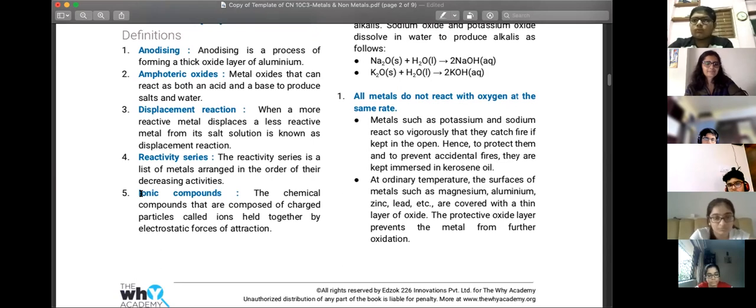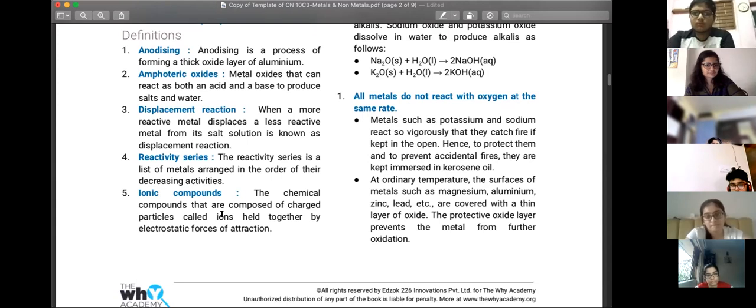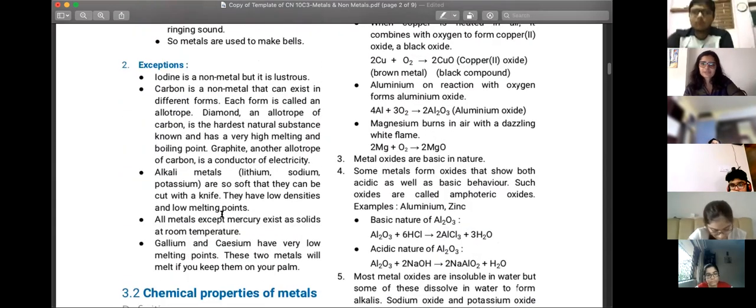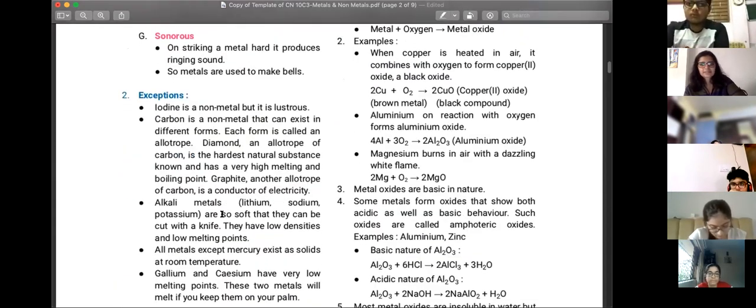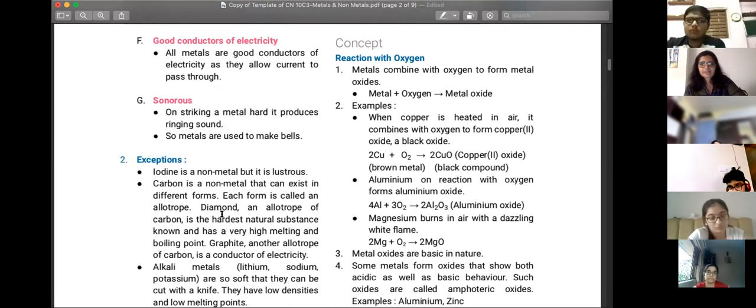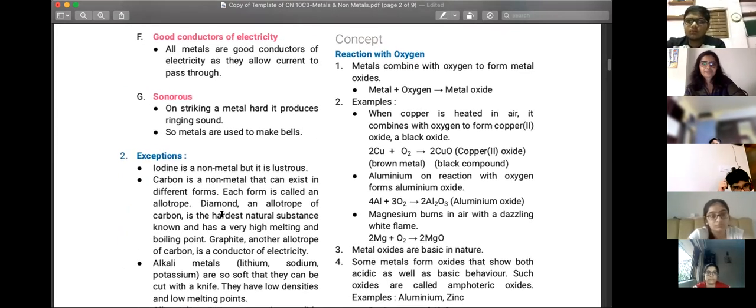Give and take of ions between the compounds, like NaCl. Na gives one electron to Cl to stabilize it. So basically, compounds that form due to attraction between ions, between charged particles. These are the basic definitions. The rest is all individual reactions one by one.